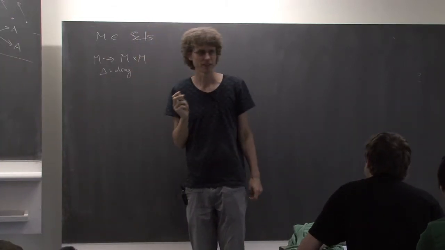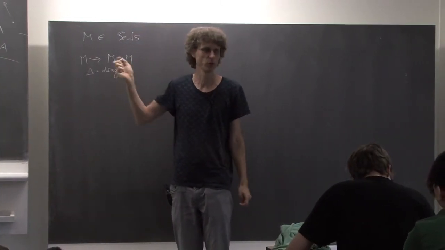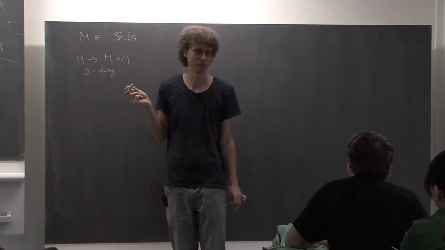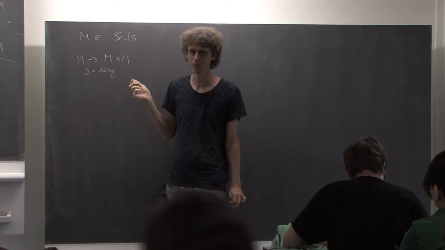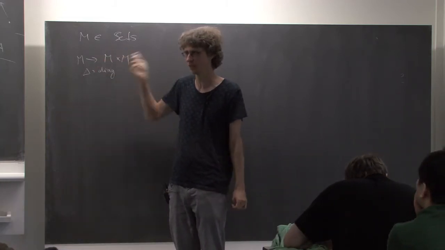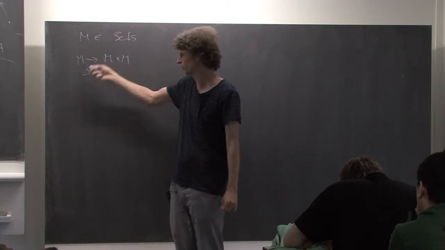And in fact, that's also the unique co-associative coproduct you can prove. Maybe there will be an exercise: if you have a coalgebra in sets, then there is a unique way to make the set into a coalgebra. It's just with this diagonal map.